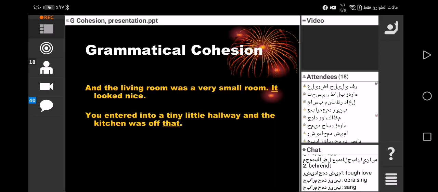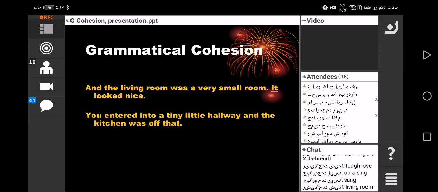So let's have examples. She asked people to describe their apartments, and one person described her apartment this way. The living room was a very small room. It looked nice. You entered into a tiny little hallway and the kitchen was off that.